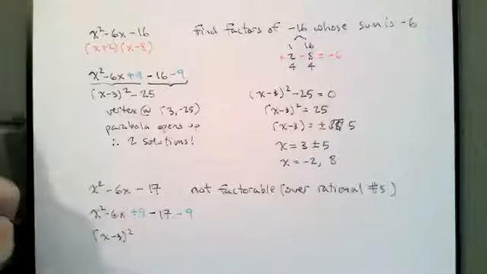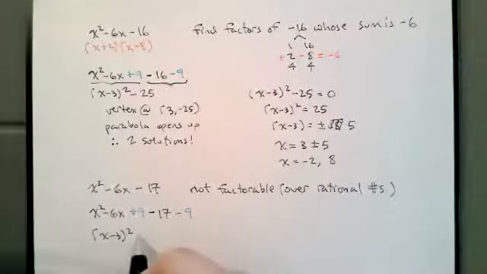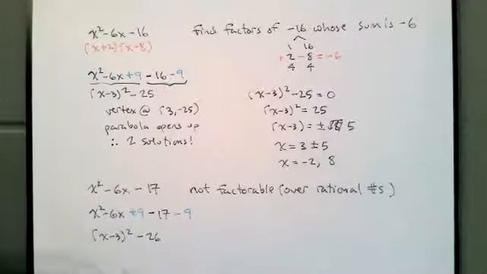So those first 3 terms work out to (x minus 3) squared. -17 minus 9 is going to be -26 this time. And now we can also see that it's not factorable. Our vertex is at (3, -26), and the parabola opens up because there's a positive. So we know we're going to have 2 real solutions. Since 26 is not a perfect square, we know we're going to have 2 real irrational solutions.